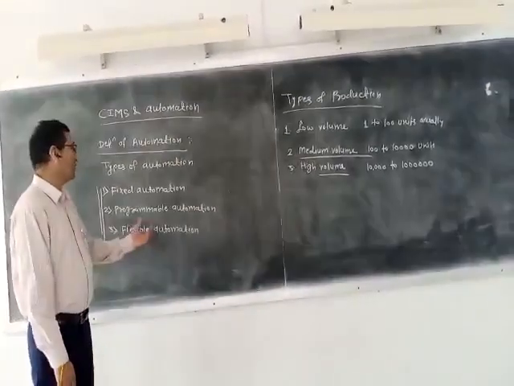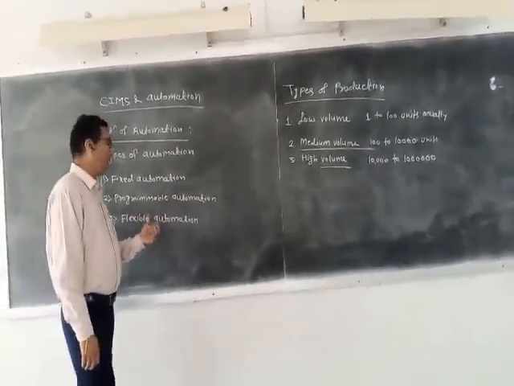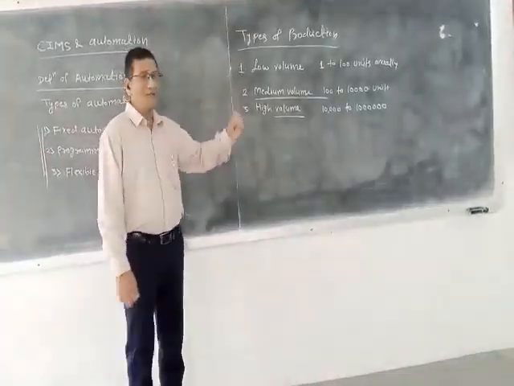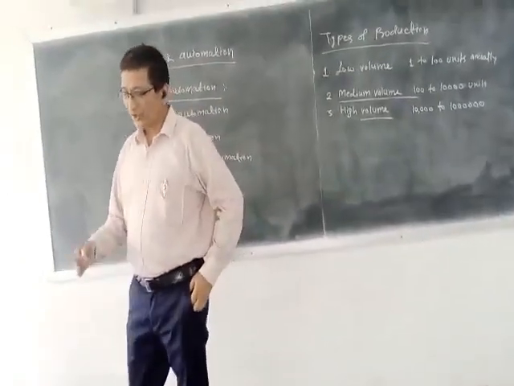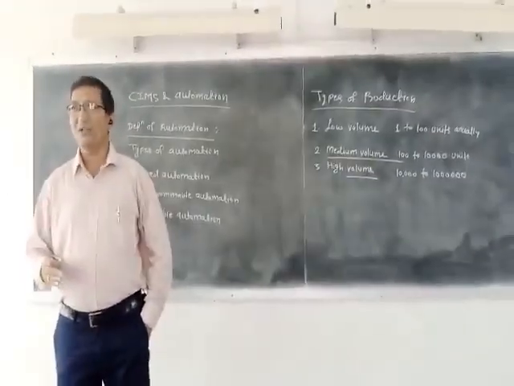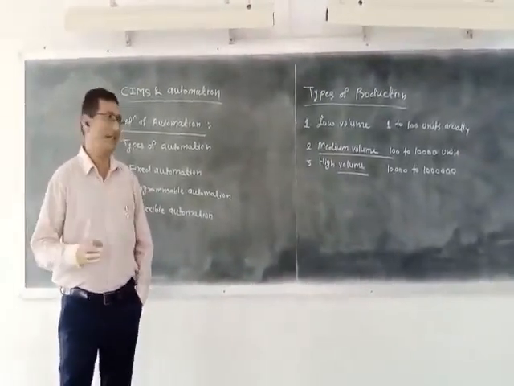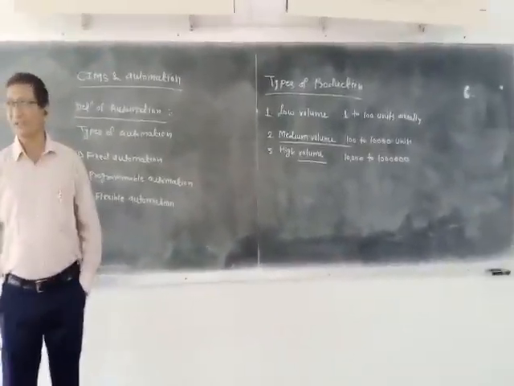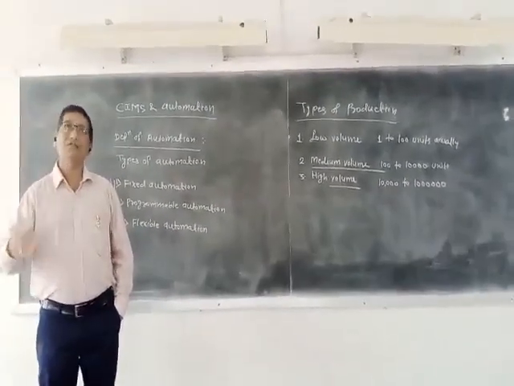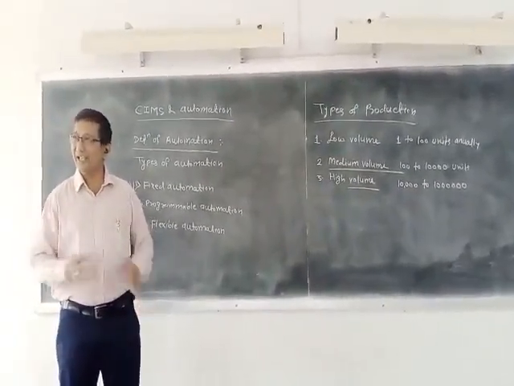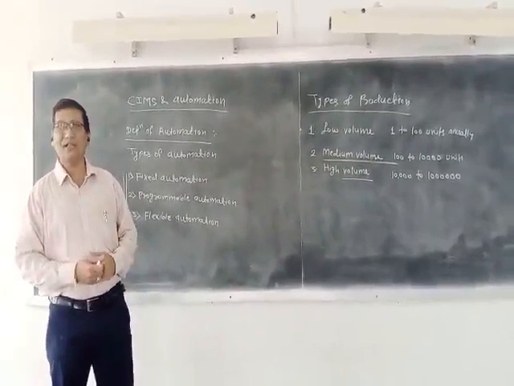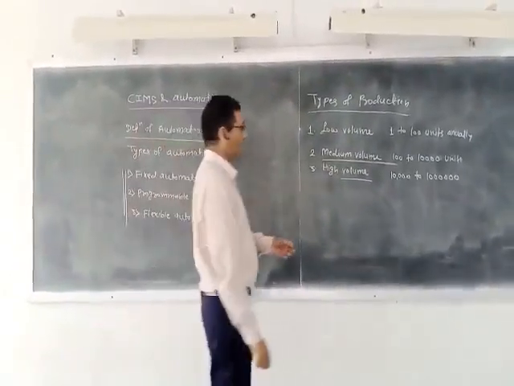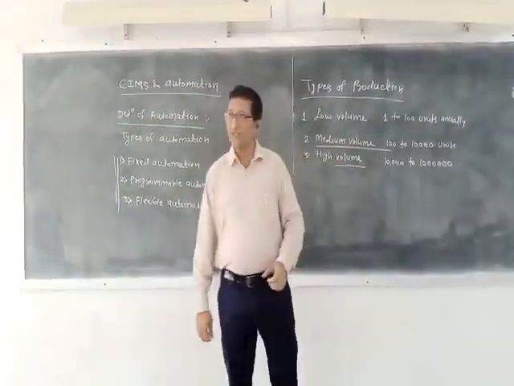Then flexible automation can be implemented when your production is low volume. Why? Because in case of low volume, the quantities are very few. It may be one or two or three quantities annually of that particular product, and whatever quantity you have produced at once may not be repeated.